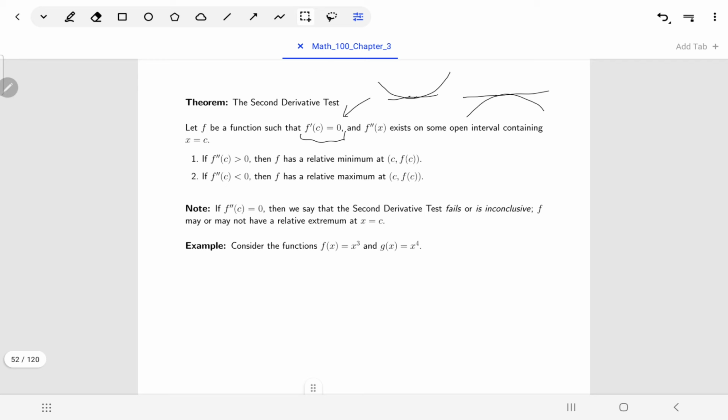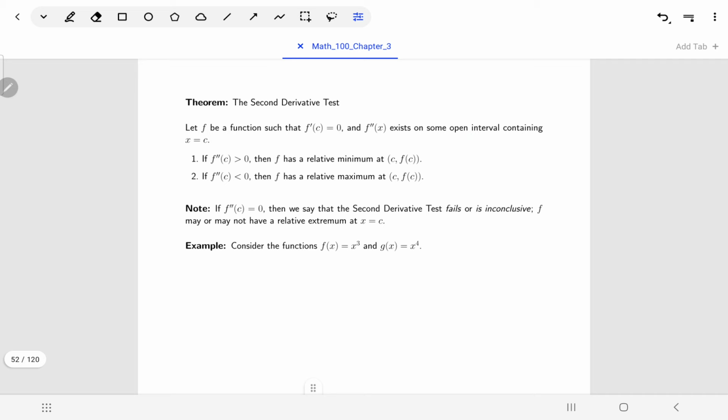So when your second derivative at your critical number c happens to be negative, you're concave down, so you've got a max. And if your second derivative is positive, then you're concave up, you've got a minimum. Notice there are lots of ways that the second derivative test might not apply. For example, if the second derivative doesn't exist, then the second derivative test really wouldn't apply.